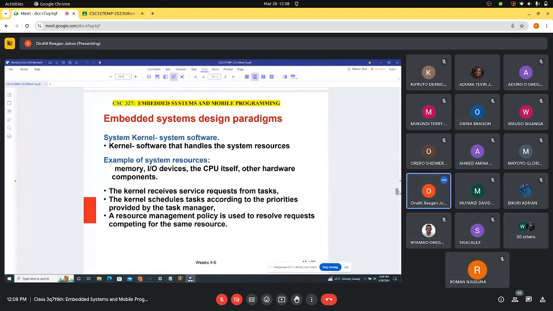Can anyone tell us where the kernel sits on the entire computer system? These are questions I'm supposed to ask first years, not third years.